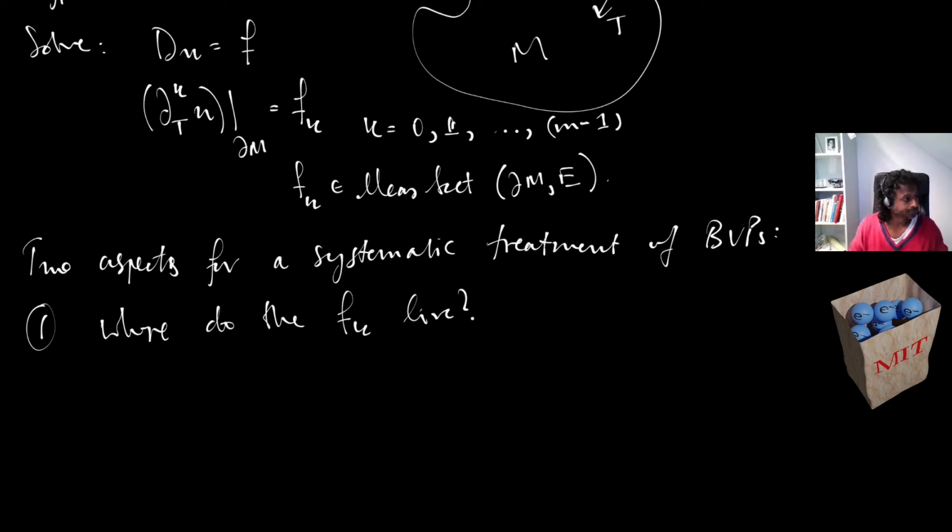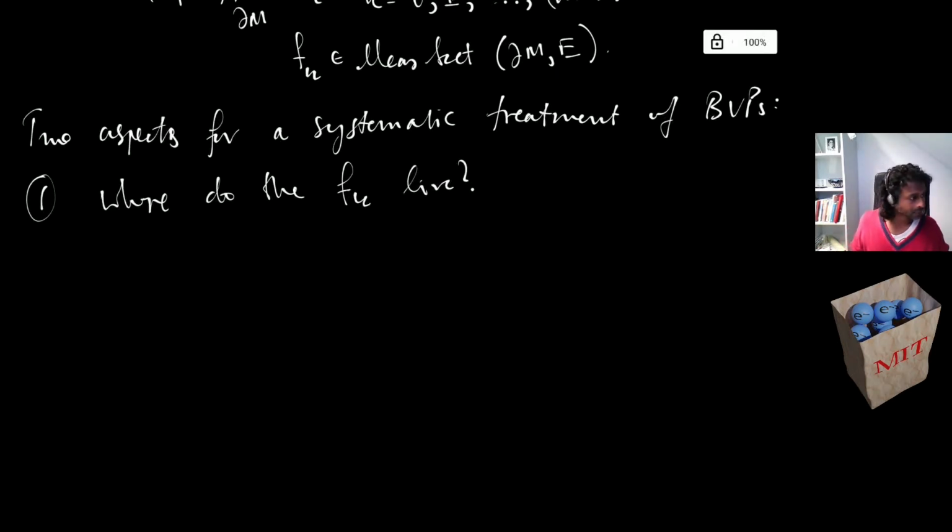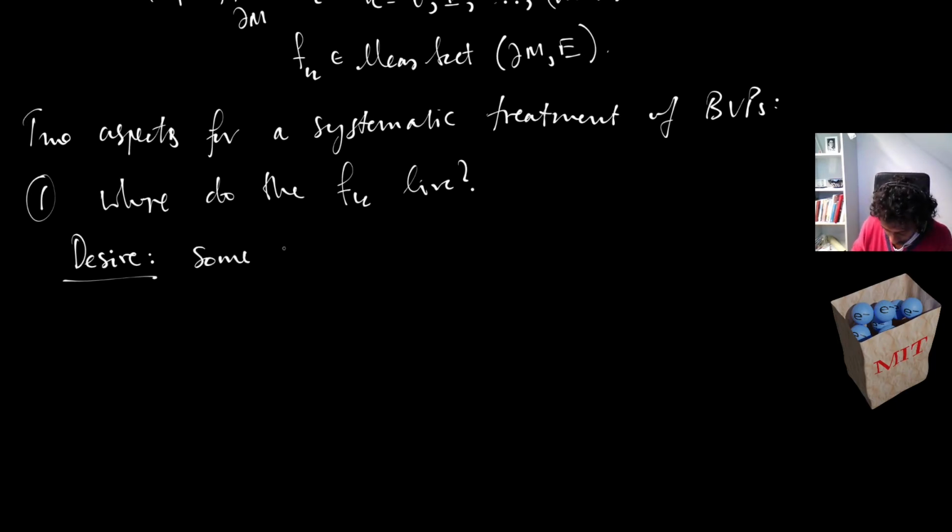So to really think about this systematically, what we desire is some function space B of sections living on the boundary, right?